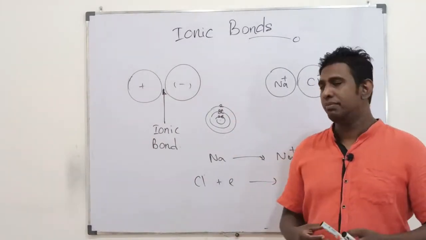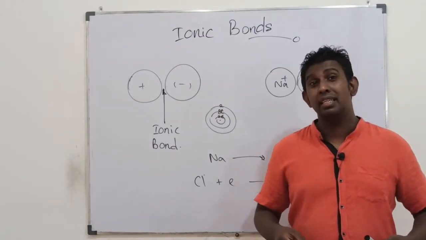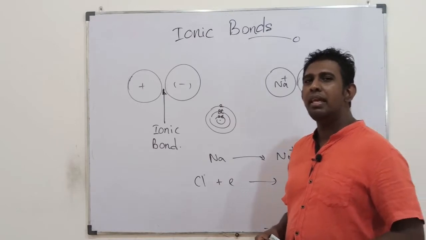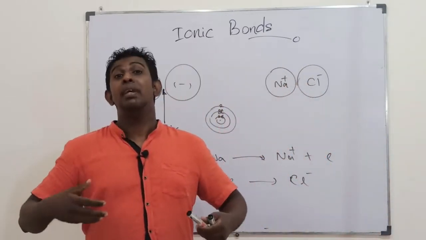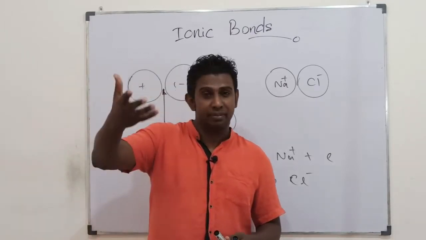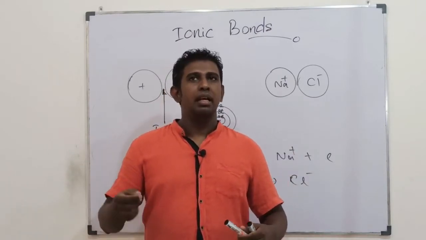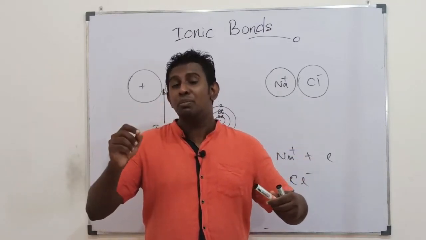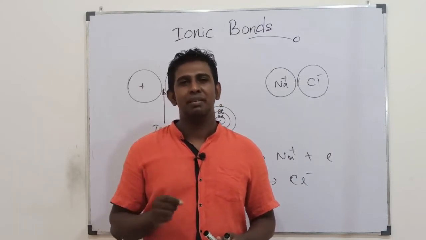Then the second shell becomes the outermost shell. Atoms are stable in electronic configuration when they have 8 electrons in their outermost shell, because it's fully filled then. Having fully filled outermost shells, those atoms become stable.